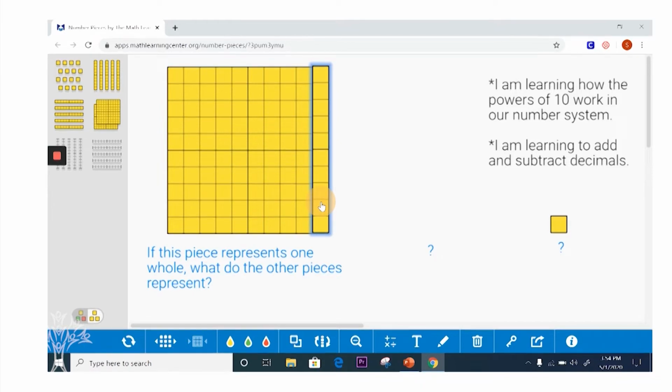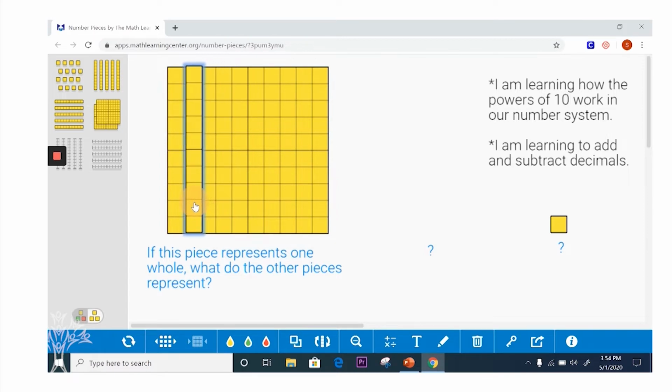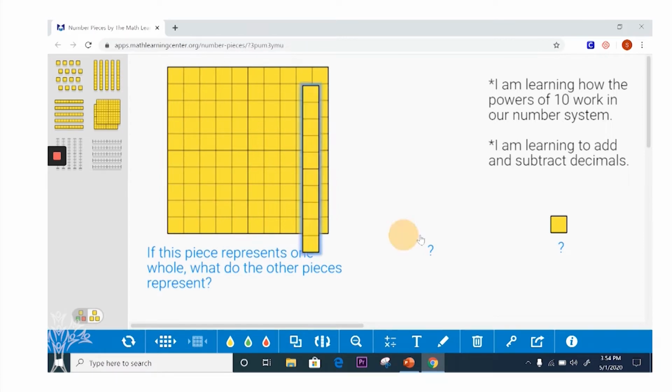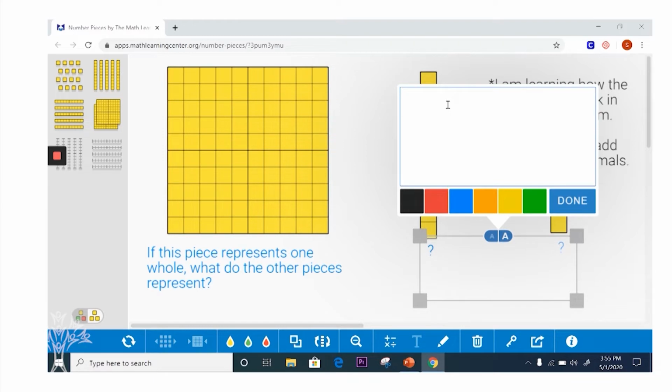This is one piece out of 1, 2, 3, 4, 5, 6, 7, 8, 9, and 10. 1 out of 10. What can we call that? Did you say 1/10? Awesome job. We can also write that in fraction form, 1/10.